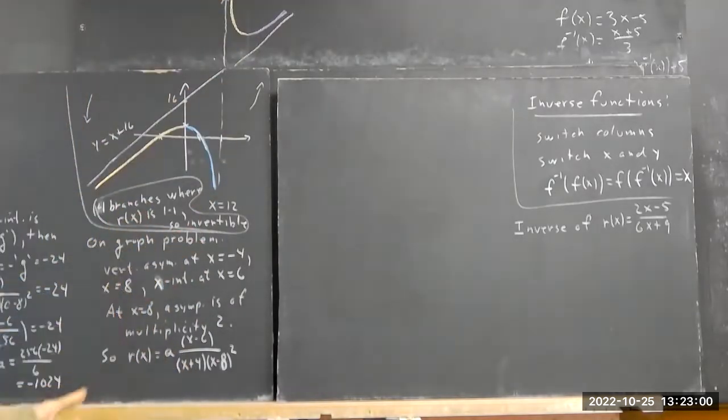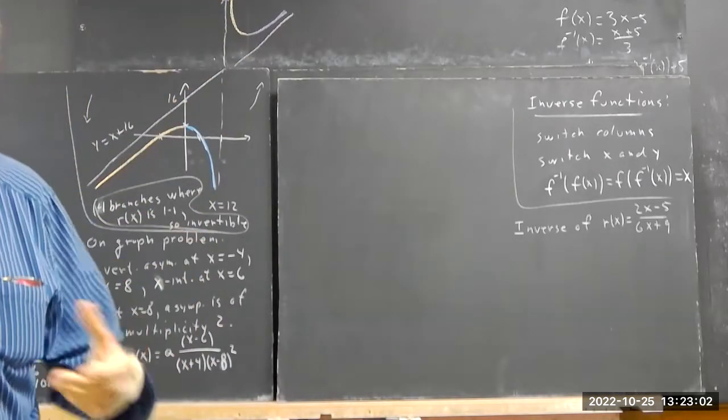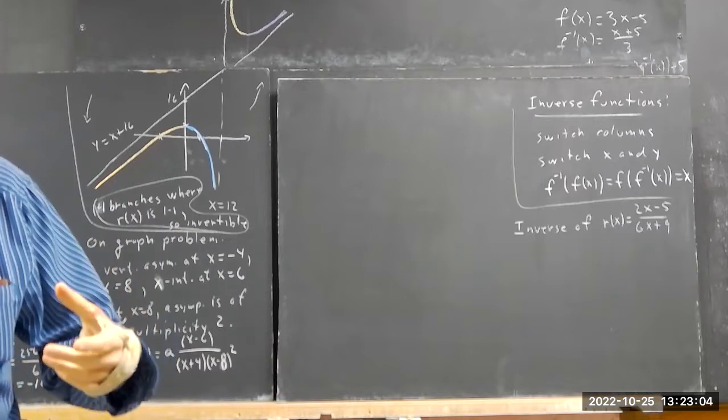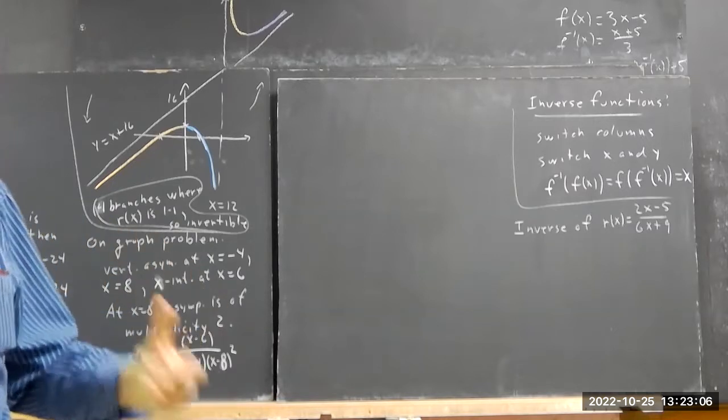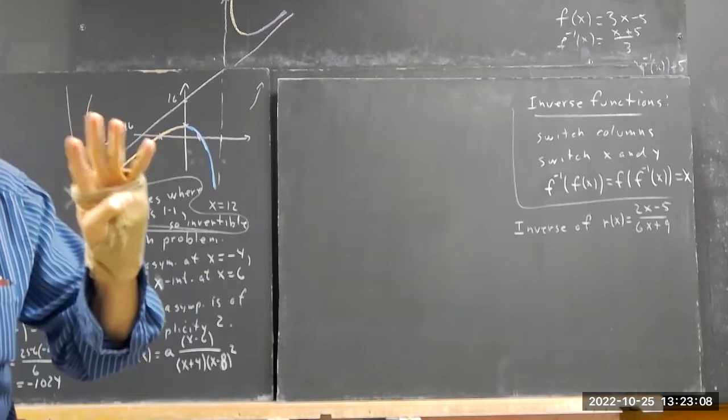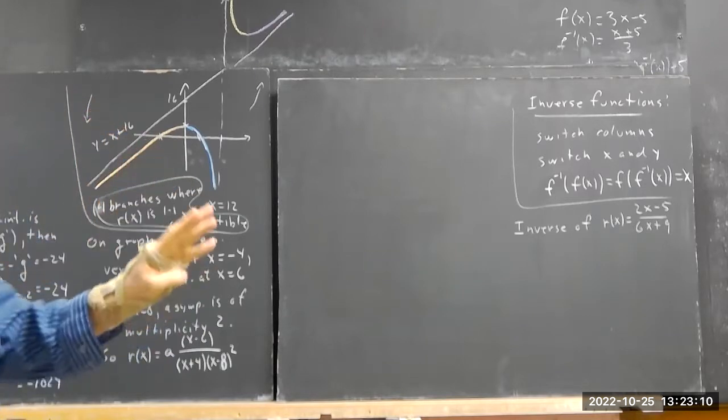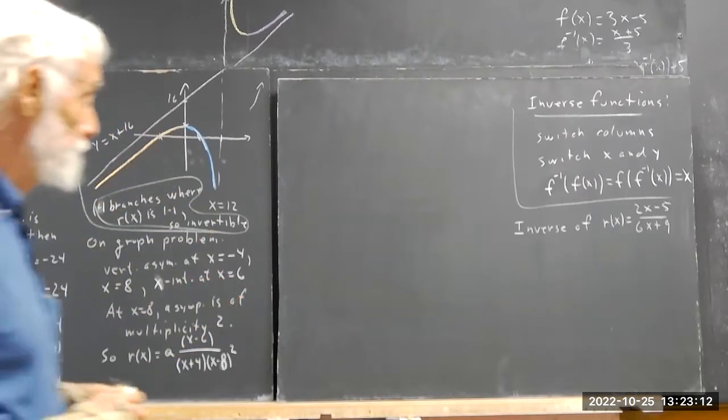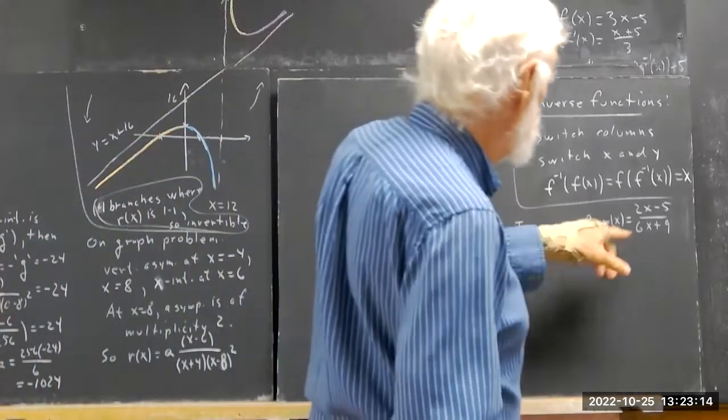This thing is 1 to 1, and so it's invertible on any one of those branches. We could invert it on each branch. We'd have 4 inverses on different domains. Keep that in mind.